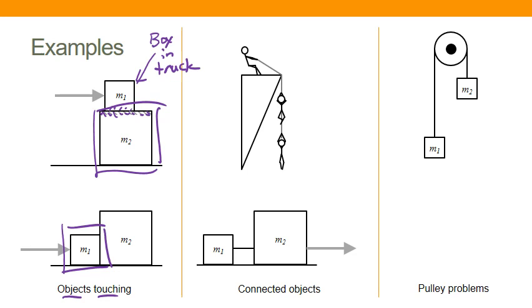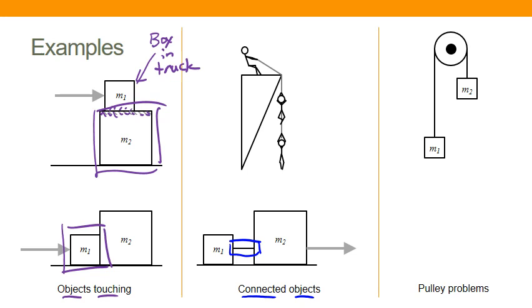The next general class is when you have two objects that are connected, usually by a rope, but possibly by a drawbar, by a beam, something that allows them to pull, something that we're probably going to put in tension.